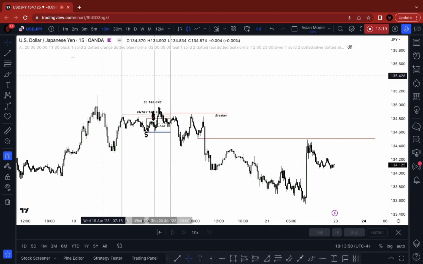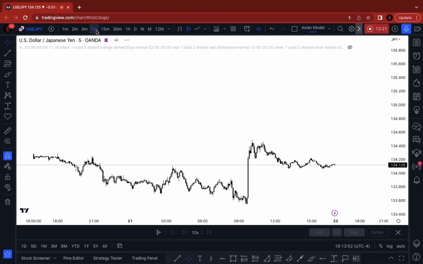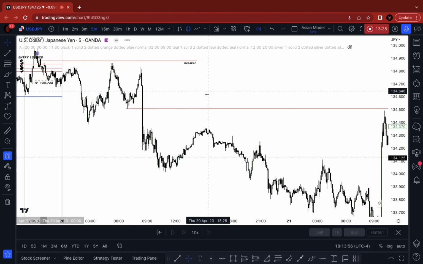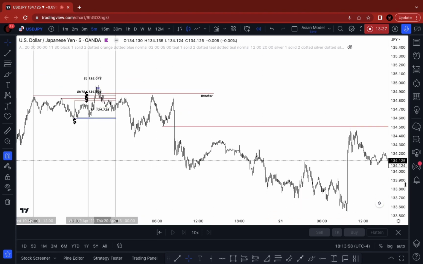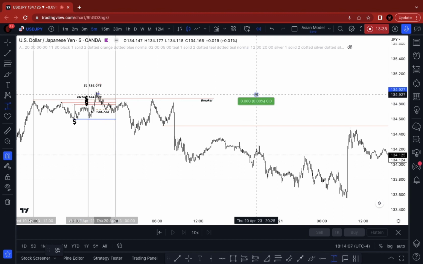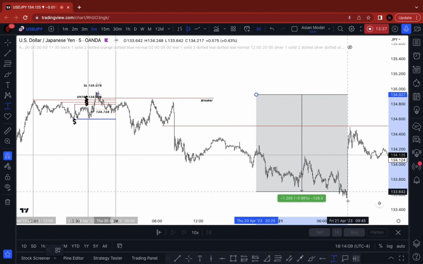Now, if we were to calculate, let's see if we can find the fair value gap low. Hypothetically, somewhere around here. We'll just say we're going to average.